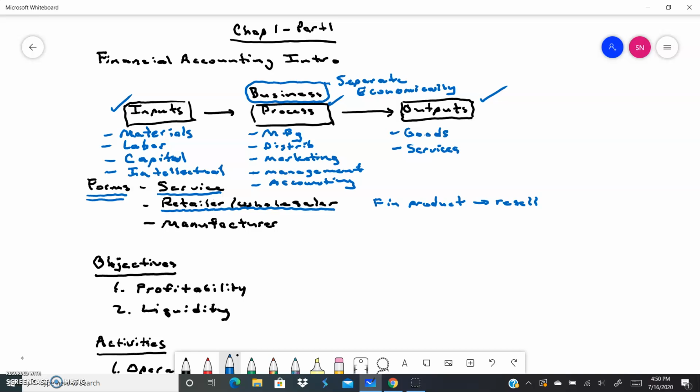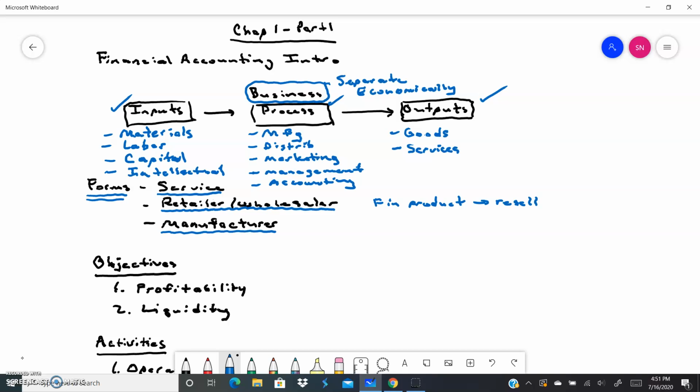And finally, the last type of business would be a manufacturer. And of course, they're taking raw material ingredients or semi-finished product, and they are actually manufacturing and producing a finished product, which they are usually selling to a retailer, although the manufacturer could sell directly to the consumer as well. So there are examples both ways.